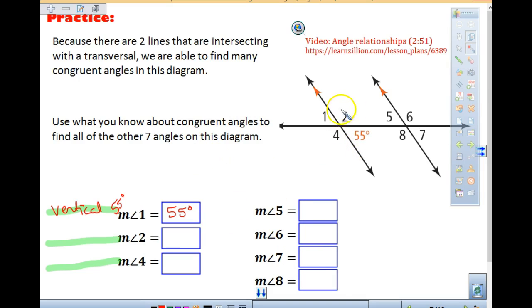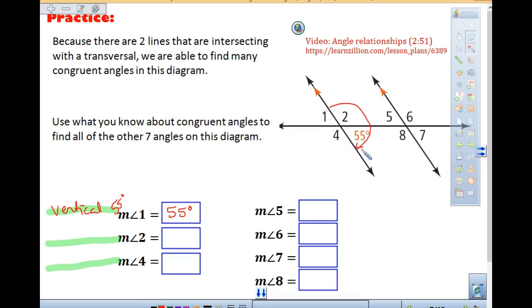What do we know about angle 2 in relation to 55? First page of your notes in this unit. Ellen, what do we know? 2 and 55 total to how much? Because they're right next to each other along this straight line.